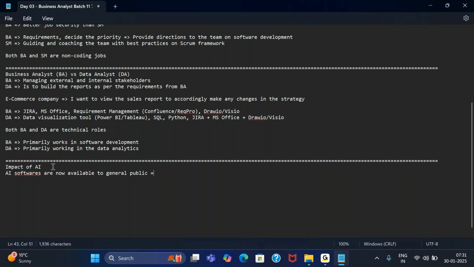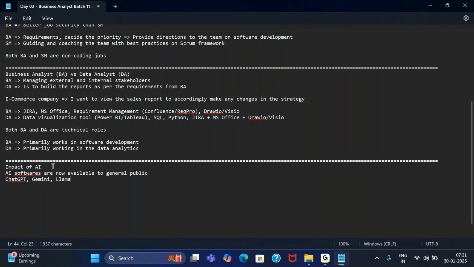What are some of the popular tools that we see in the space of AI? So ChatGPT by OpenAI, Gemini by Google, and then we have Facebook's Llama as well.